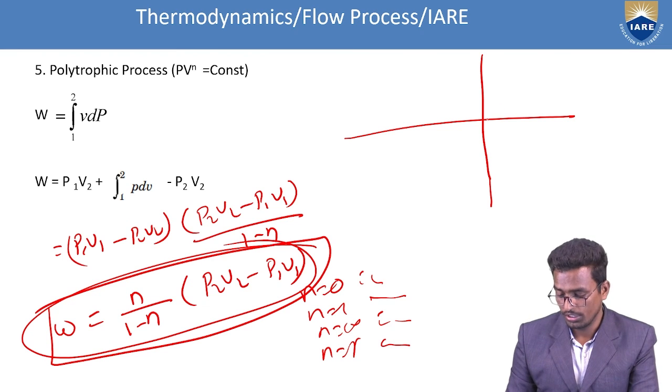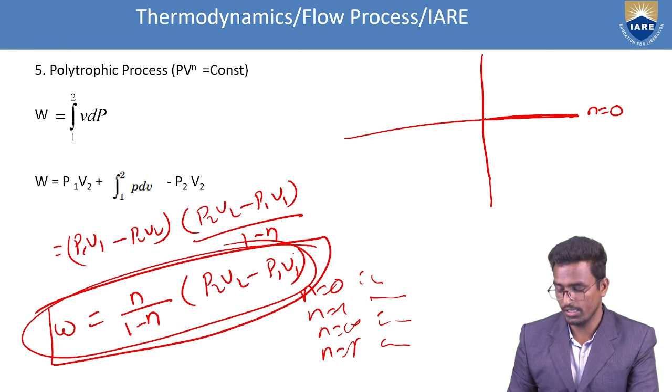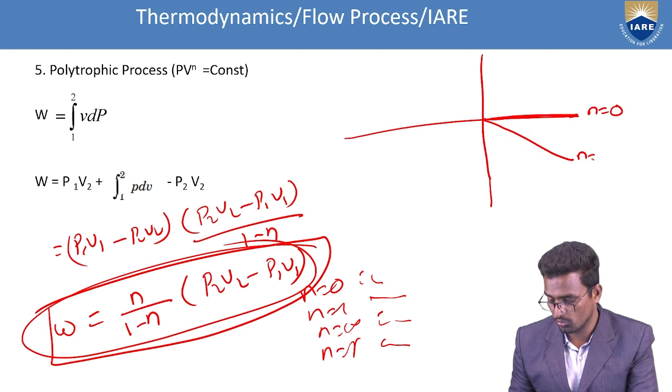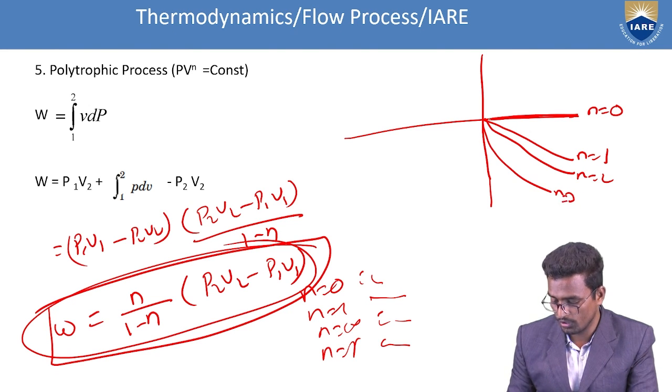If you draw the graph, the value of n is such that n is equal to 0, this is n is equal to 1, this you can call n is equal to 2, this is n is equal to 3. In between you have n is equal to 1.4, and this is n is equal to infinity.